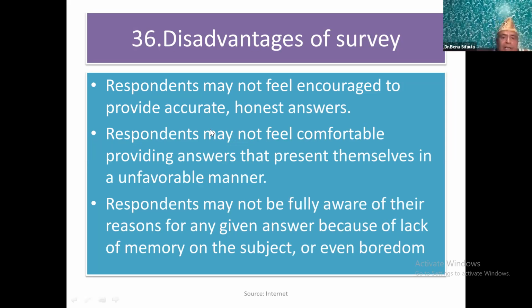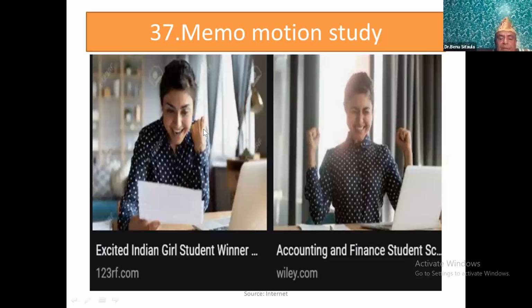Now we are coming to another very interesting tool, that is memo motion study. Actually, there are two types of motion study. One is the micro motion study, and another is the memo motion study. We are dealing with only memo motion study.